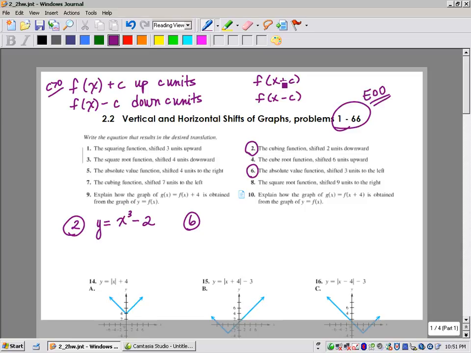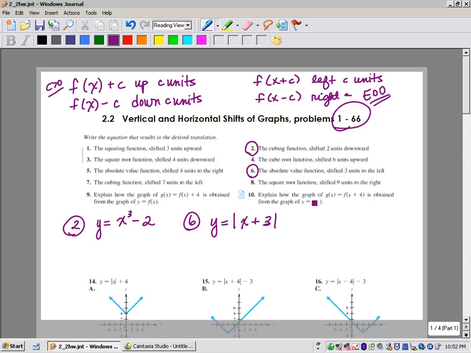Do you remember that if it's an x plus c inside, that's going to shift left c units. x minus c inside is going to be right c units. So if I want to shift 3 units to the left, I've got to make an interchange to that inside of the absolute value. So it would be y is equal to the absolute value of x plus 3.